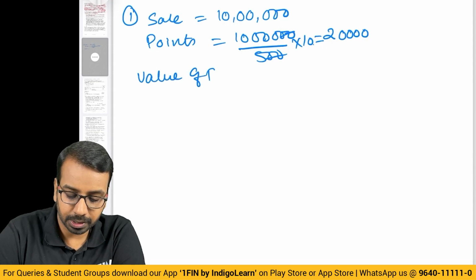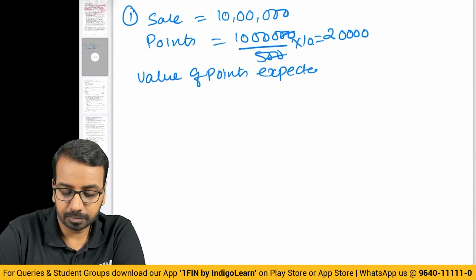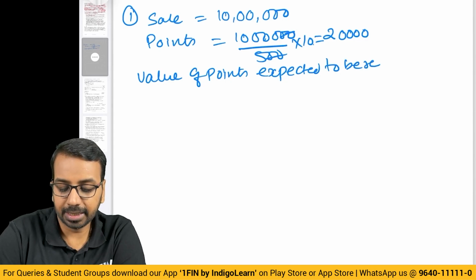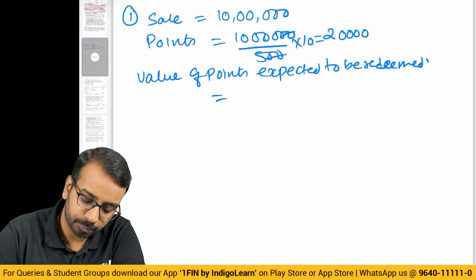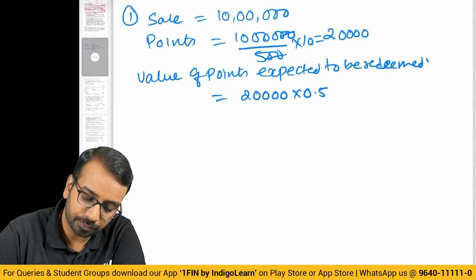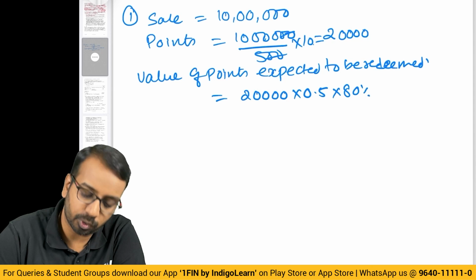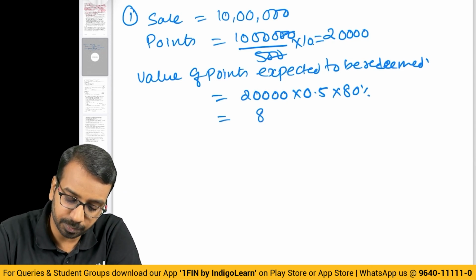Value of points expected to be redeemed is how much? 20,000 points, each point is worth 0.5, and there is an 80% probability or 80% expectation of redemption. So 10,000 into 80%, which is 8,000.